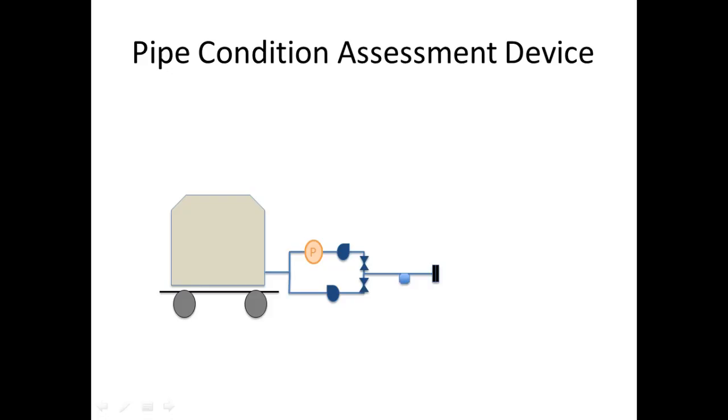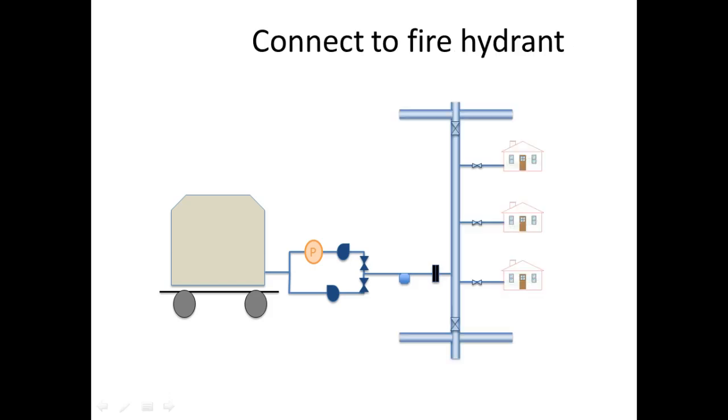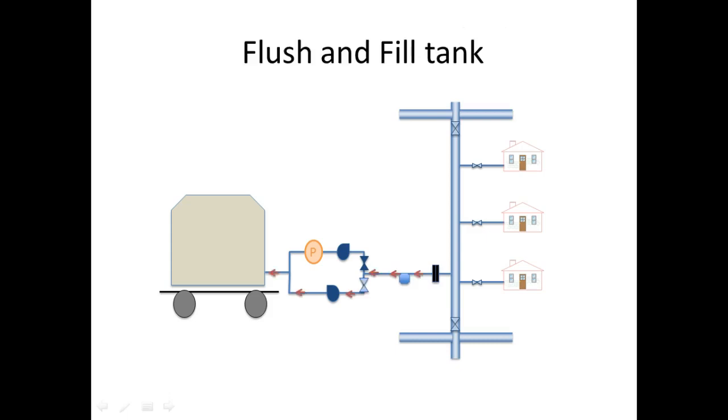So just to explain how it works, there's the water tank, there's a pump, there's some flow meters, some valves, and a pressure sensor. We would connect to a pipe in the field. The first thing we'll do is flush the pipe, just to get rid of any sediments, and then fill our tank.